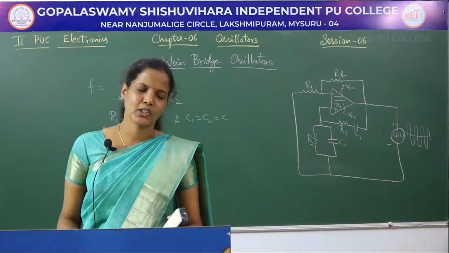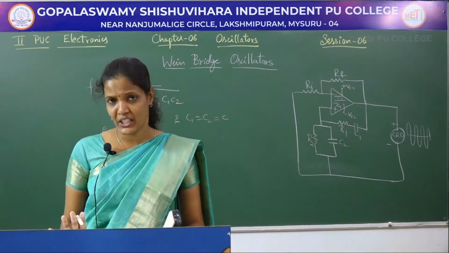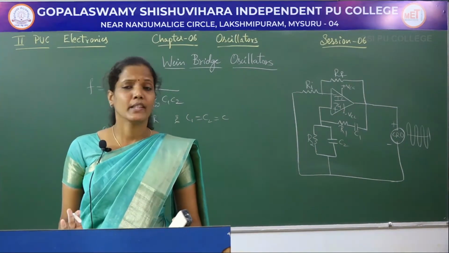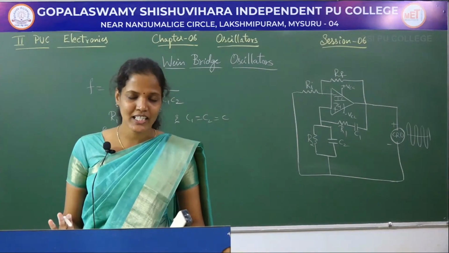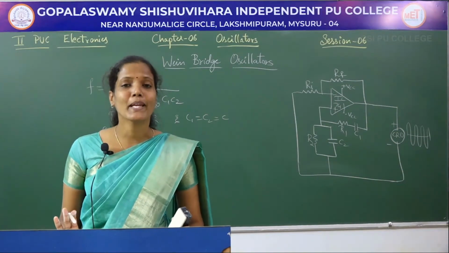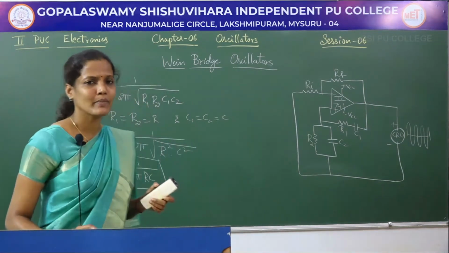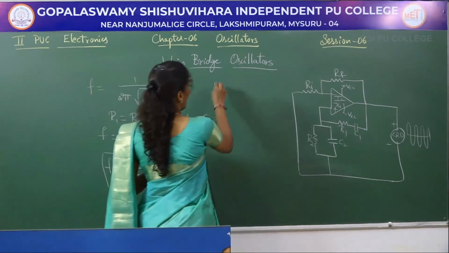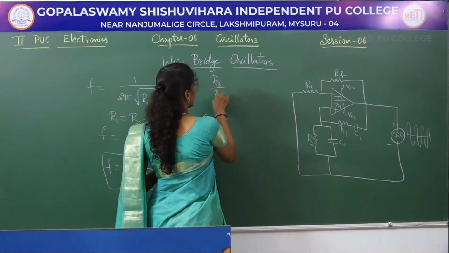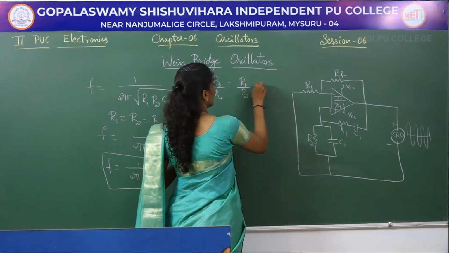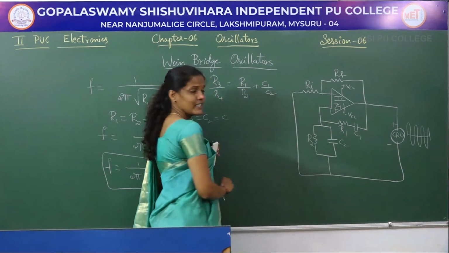The feedback path, which would otherwise provide 180 degree phase shift, here will not provide any kind of phase shift. The bridge must be at resonance or the bridge must be balanced in order to give this 0 degree phase shift. So when we say the bridge must be balanced, R3 divided by R4 must be equal to R1 divided by R2 plus C1 divided by C2.